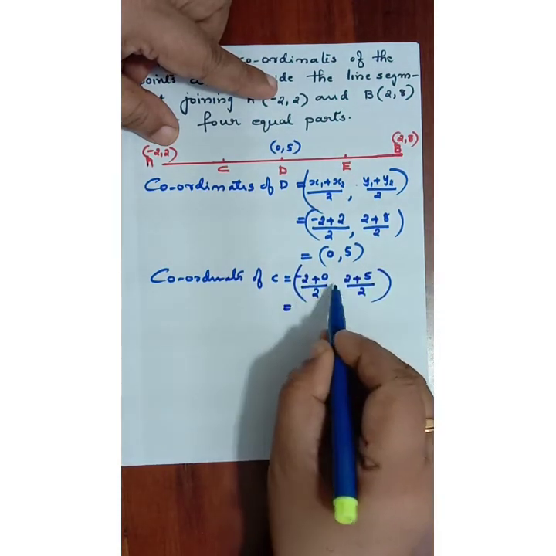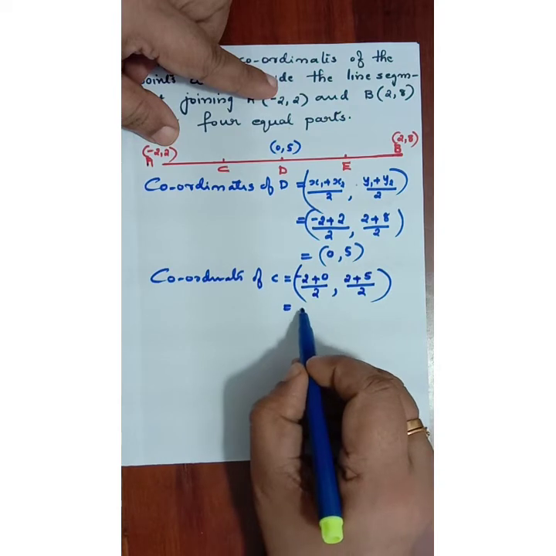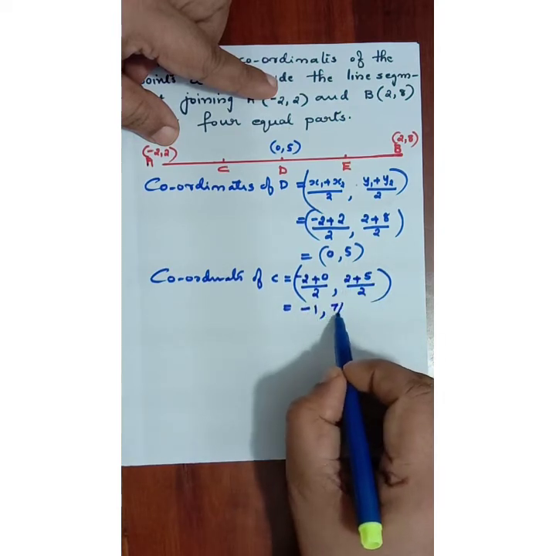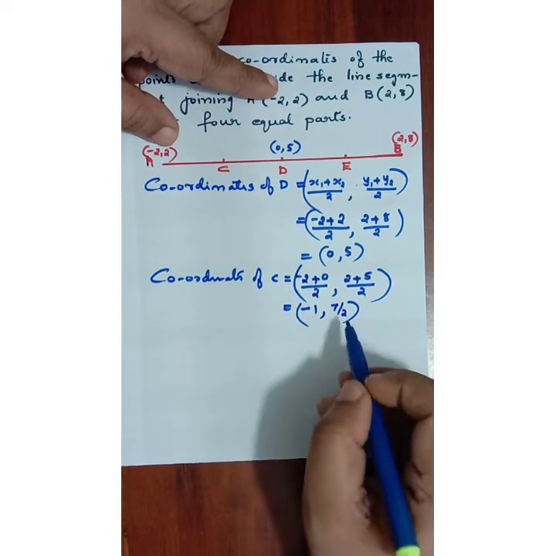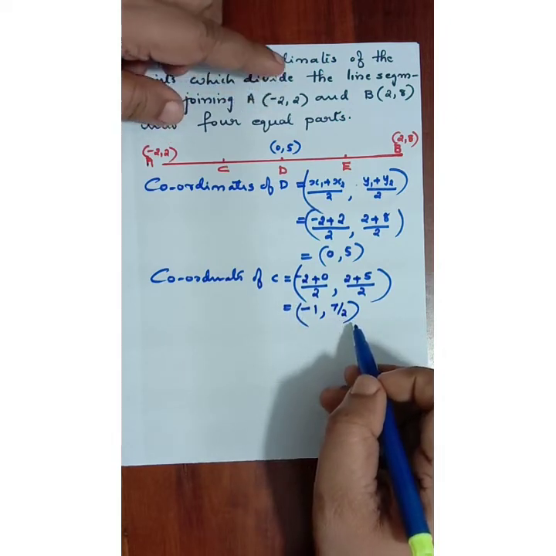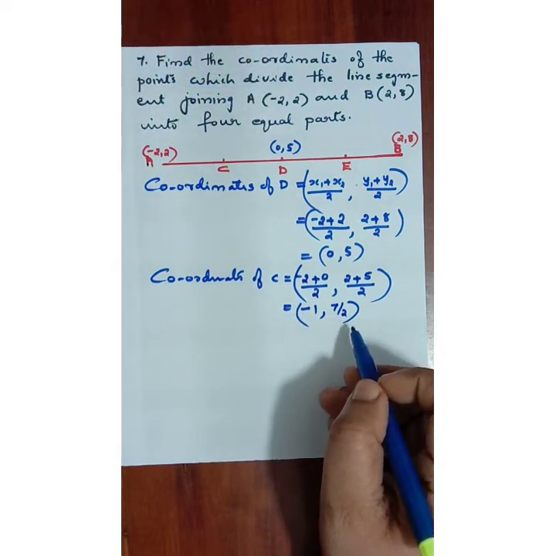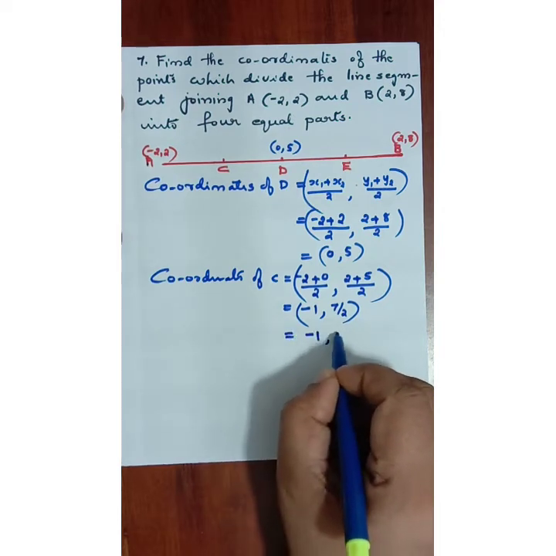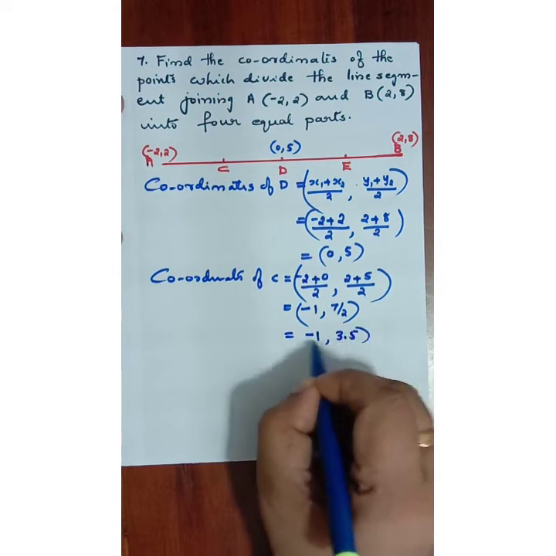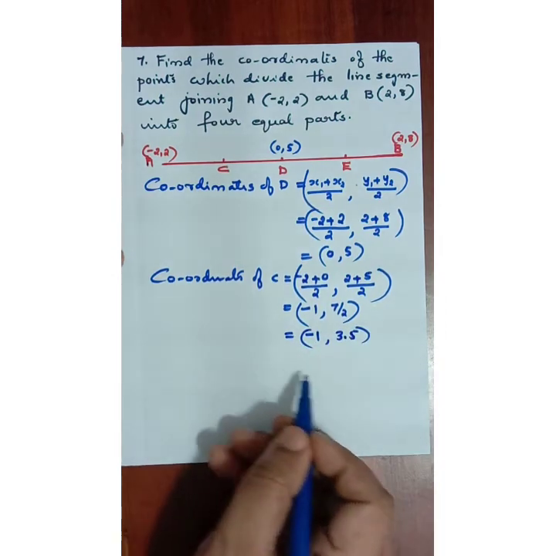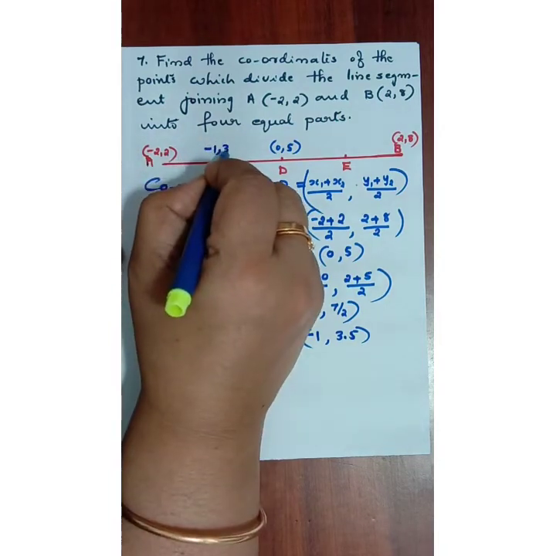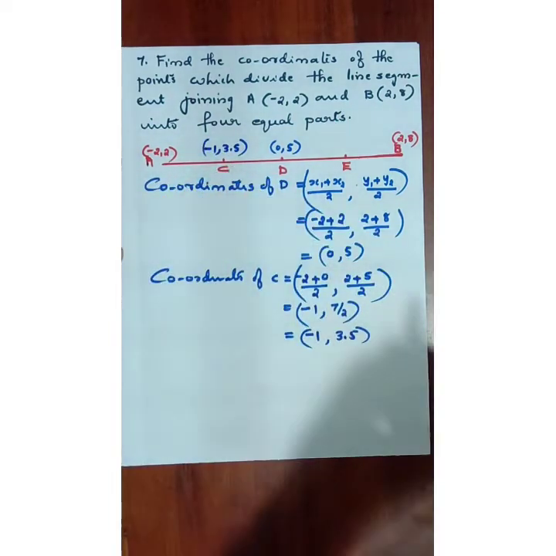So negative 2 plus 0, negative 2 by 2, that is negative 1. 2 plus 5, 7, 7 by 2. So here you can keep 7 by 2 or 3.5, no problem. As you like, you can keep the value. So negative 1, 3.5, half of 7. Let us mark that point also. It is negative 1, 3.5 or 7 by 2.